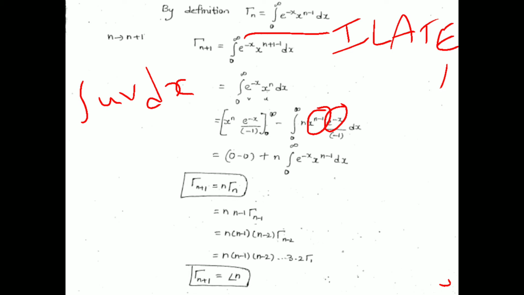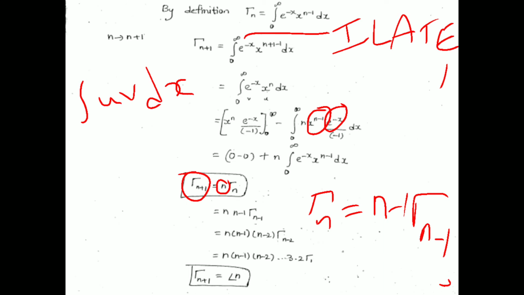And next thing, in the similar fashion we can write gamma n here. So keeping this n aside, this gamma n could be written as n minus 1 into gamma n minus 1. Just like here, gamma of n plus 1 is there.